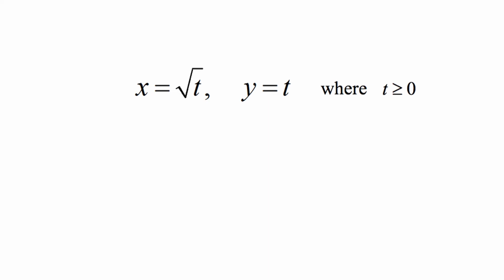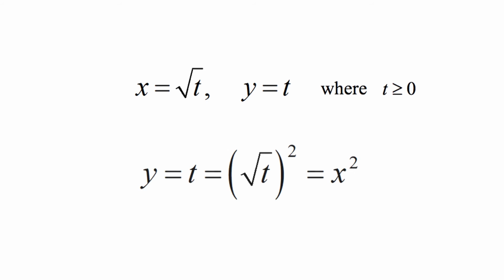As another example, suppose the position P with the coordinates ordered pair x y of a particle moving in the xy plane is given by the parametric equations x is equal to square root of t and y is equal to t, where t greater than or equal to 0. We try to identify the path by eliminating t between the equations x is equal to square root of t and y is equal to t.